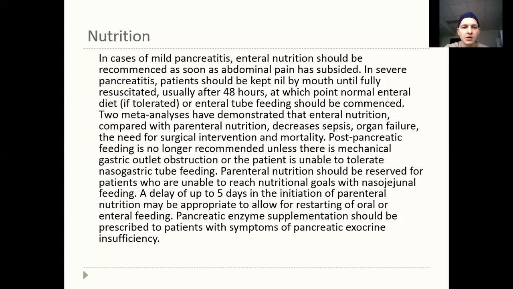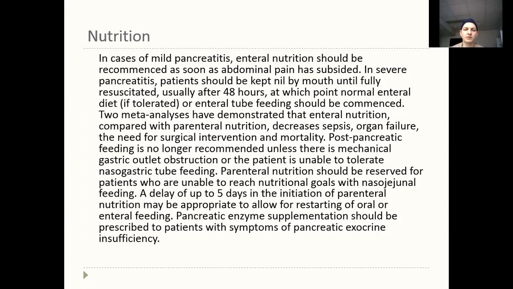Post-pyloric feeding is no longer recommended unless there is mechanical gastric outlet obstruction or the patient is unable to tolerate nasogastric tube feeding. Parenteral nutrition should be reserved for patients who are unable to reach nutritional goals with nasojejunal feeding.